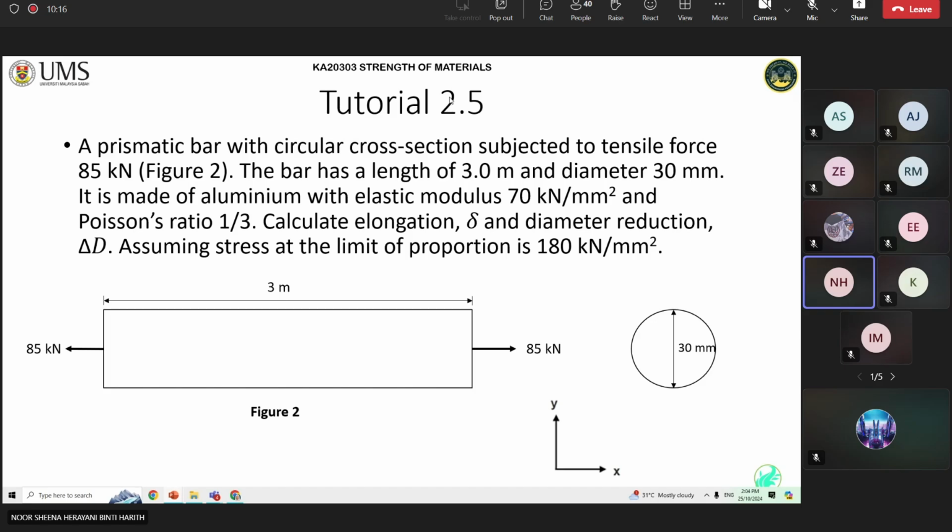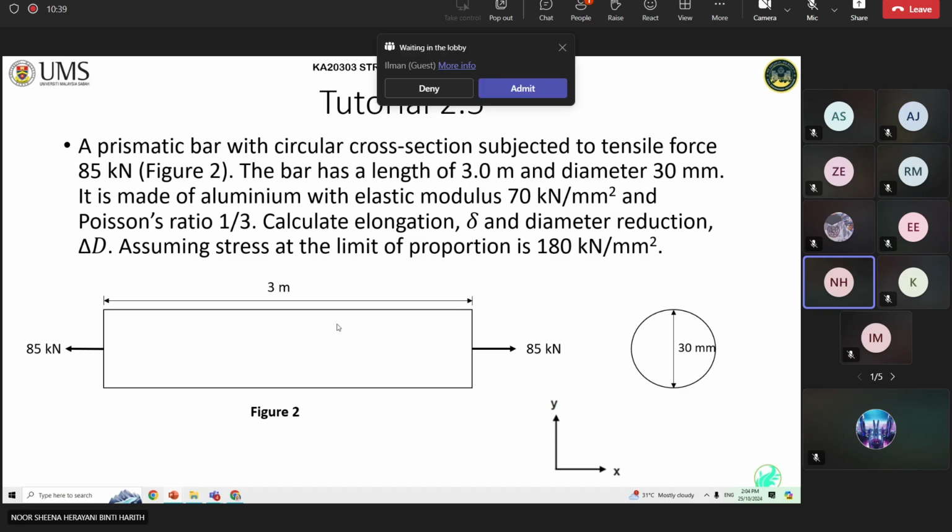Okay, so here we have a direct tutorial question. A prismatic bar with a circular cross-section, meaning round, with a diameter of 30 mm, is subject to a tensile force of 85 kilonewton. Tensile means stretching.